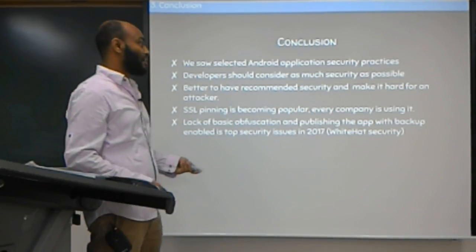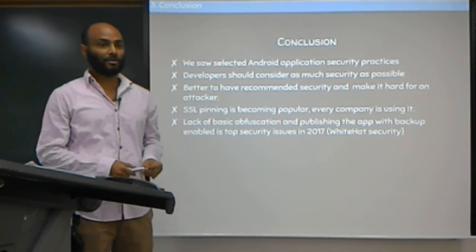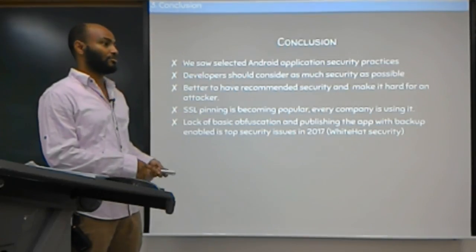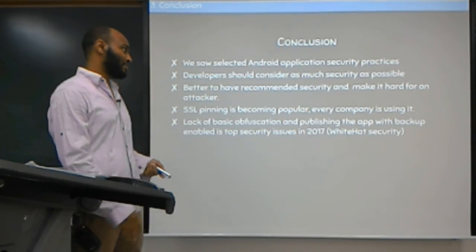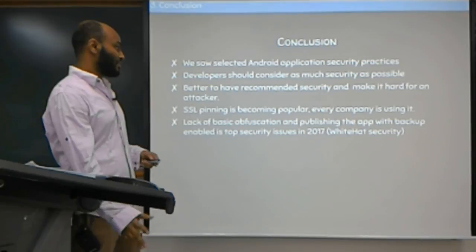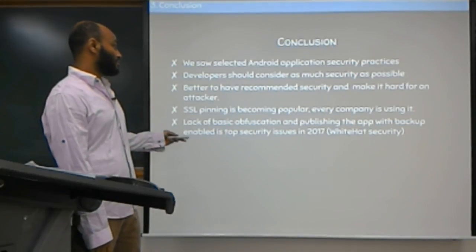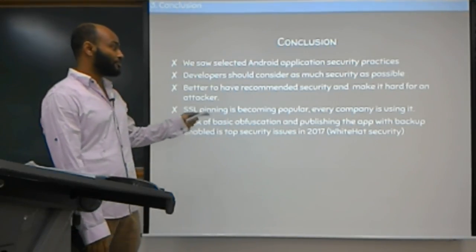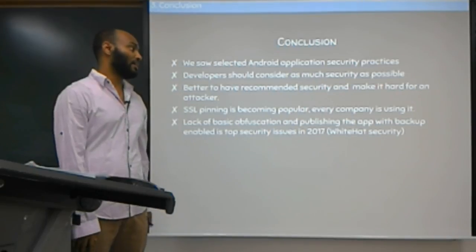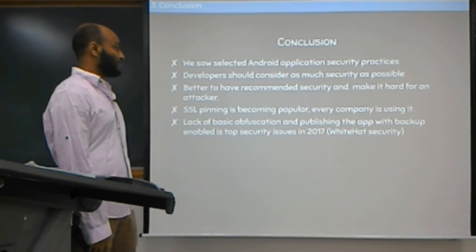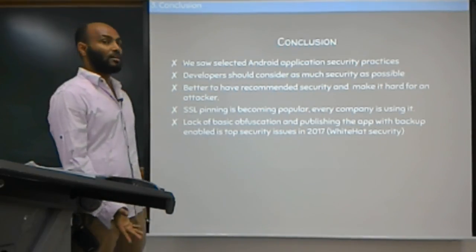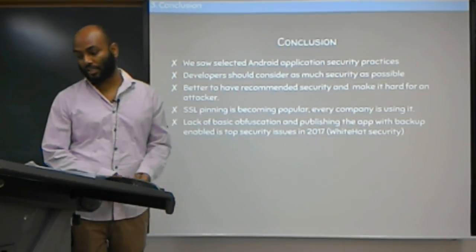SSL pinning is becoming popular, so big companies are using SSL pinning to protect their applications from man-in-the-middle and other attacks. And as I showed you, lack of basic obfuscation is the second most common security problem in the applications.